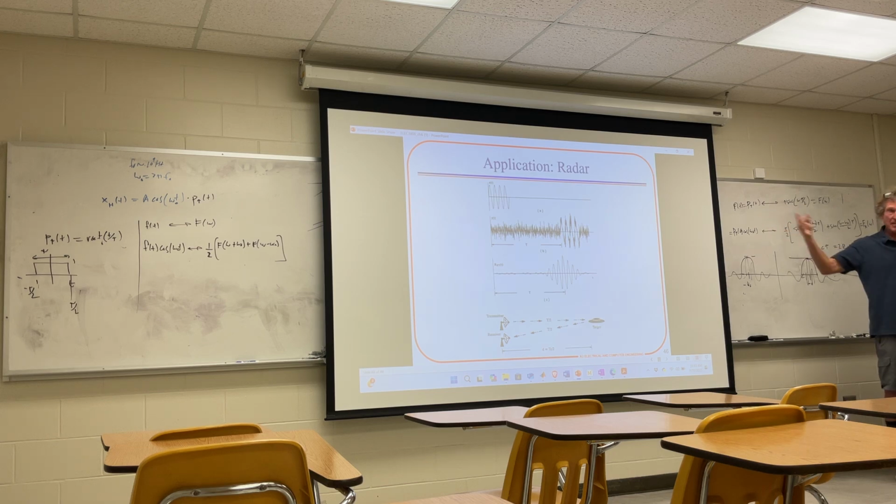So remember this about radar: if I had to bet, I've got no way to prove this, I would bet at least 30% of the people in this class are going to work in the defense industry. At least. This is my opinion. I've seen it too many times. And of those people that work in defense, about half of them are going to be dealing with radar, especially adaptive radar.